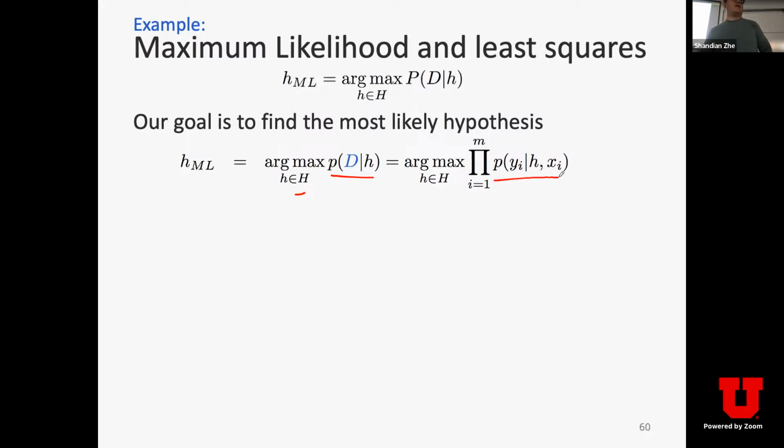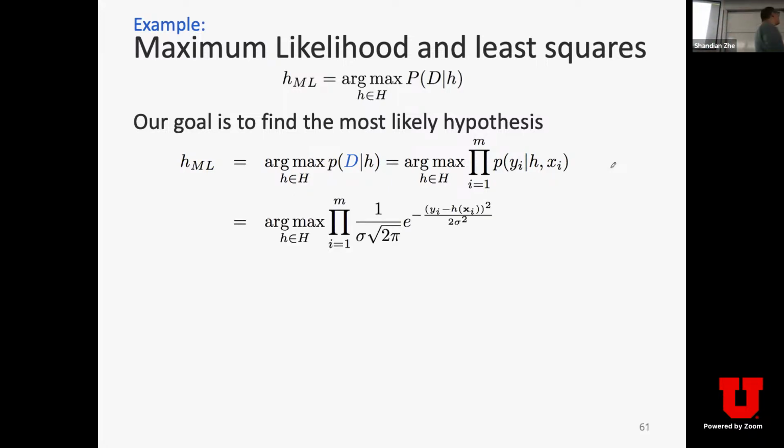This is a product of the likelihood for every training observation. If we substitute the Gaussian form for the likelihood, it will take this form.